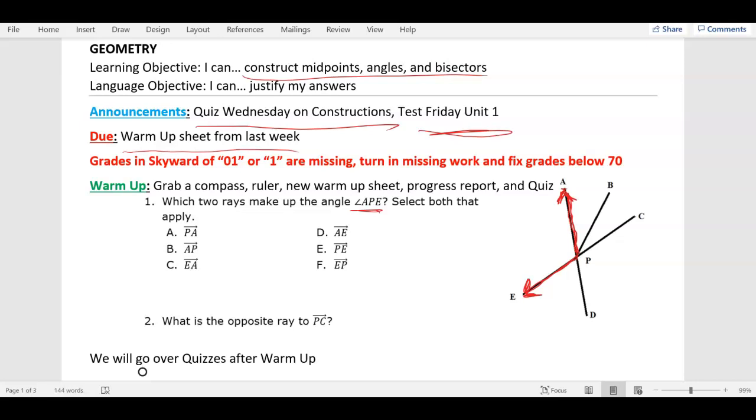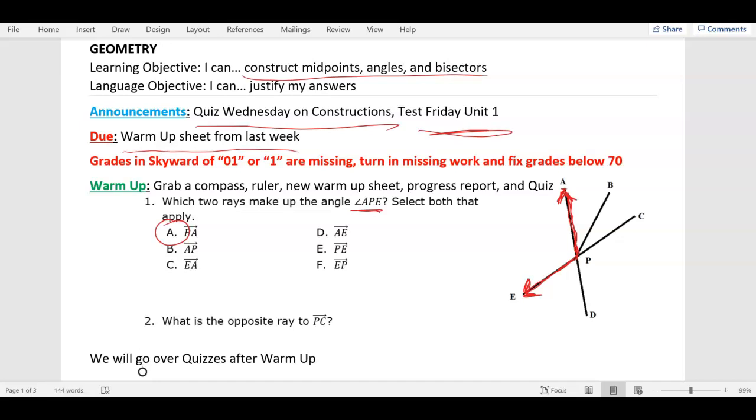Now I had to draw the arrowhead, but you get the idea. This is the vertex of the angle. Always start there. So it's PA. You see how letter B is a distractor? Don't get distracted. Don't get goofed up. Okay. So PA is one of my rays. Okay. That's one ray. What's the other ray?